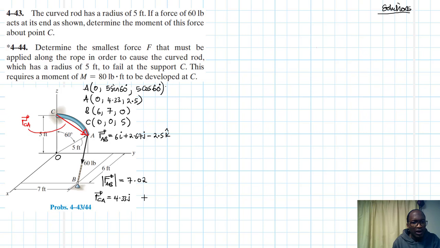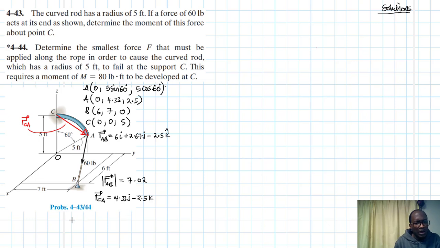Then 2.5 minus 5, that is minus 2.5k, right? So 4.33 minus 0, that's 4.33j. Then 2.5 minus 5, that is minus 2.5.